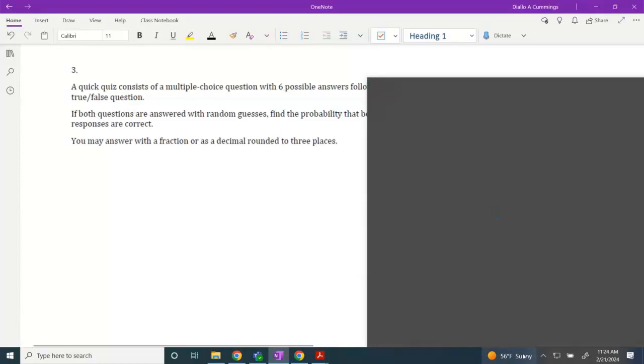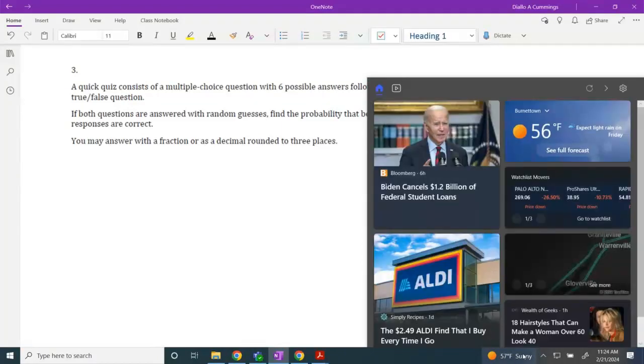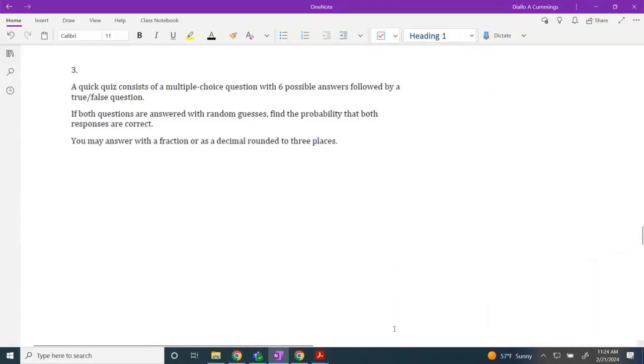All right, we're going to map this out as far as the outcomes are concerned. In this problem, it's a combination of the fundamental principle of counting as well as the classical approach to probability. I'm going to map out 2 outcomes.